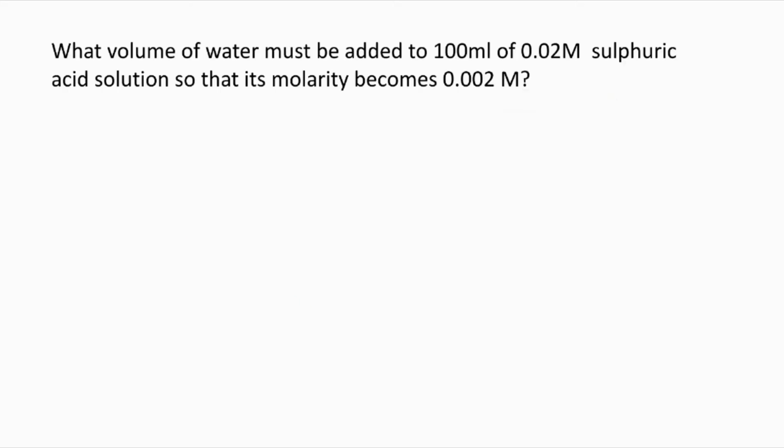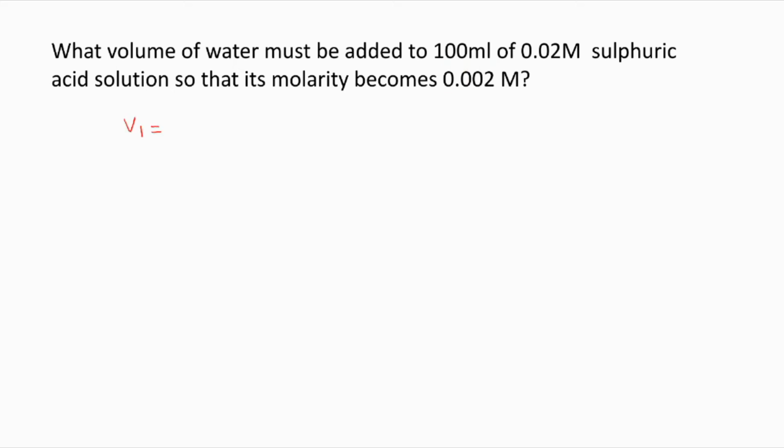Easy? Yes. Now try another one. What volume of water must be added to 100 ml of 0.02 molar sulfuric acid solution so that its molarity becomes 0.002 molar? This is also a dilution problem. So write it. What will be the initial volume given?